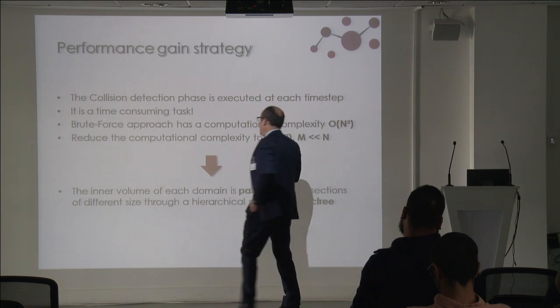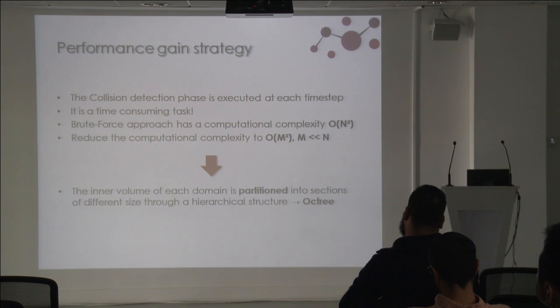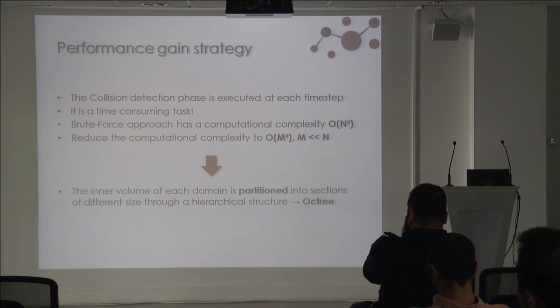So this is a summary of the performance gain strategy that we have implemented. At the end of the game, we can achieve an M log M complexity, but maybe it is not sufficiently good for the simulation.